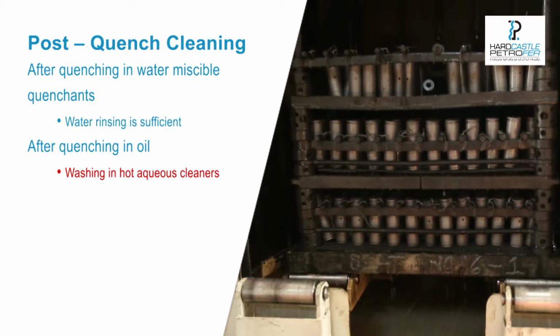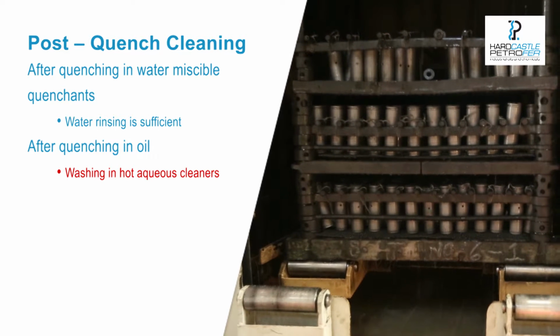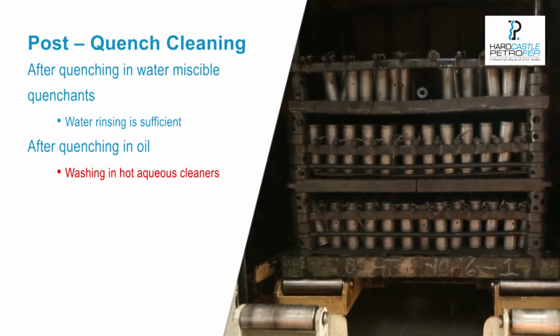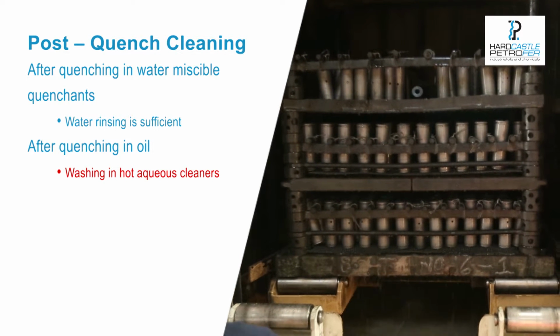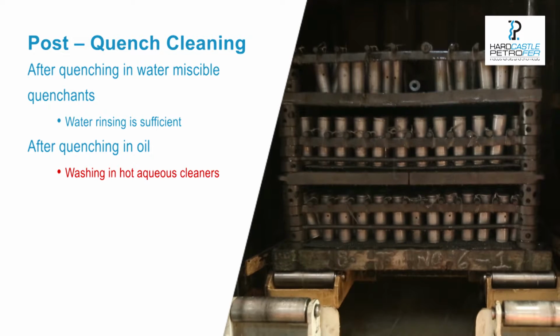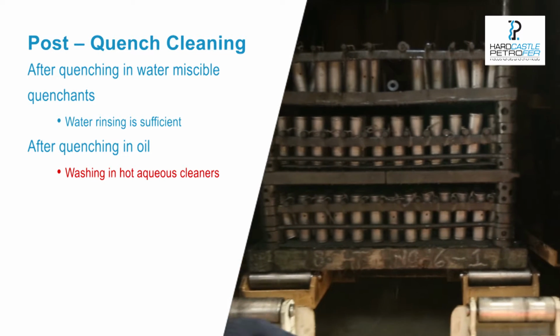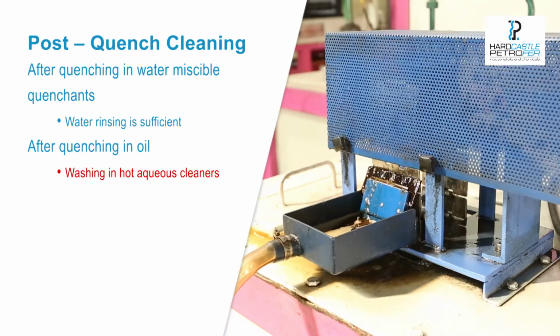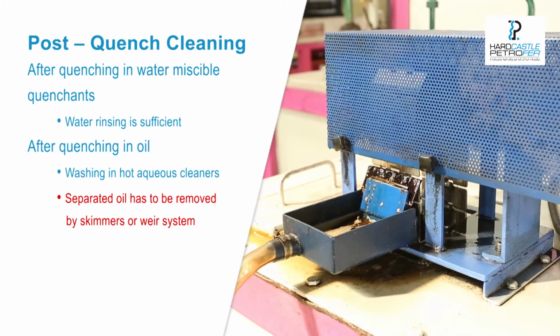HARDCASTLE Petrofer has developed HiClean for this purpose, thus enabling wash water to be used for longer periods with savings in the disposal costs. For removal of separated oil, the use of weir systems or oil skimmers is recommended. Even emulsions from water-washable quenching oils are destabilized when small quantities of HiClean, 0.5 to 2%, are added to the washing water.